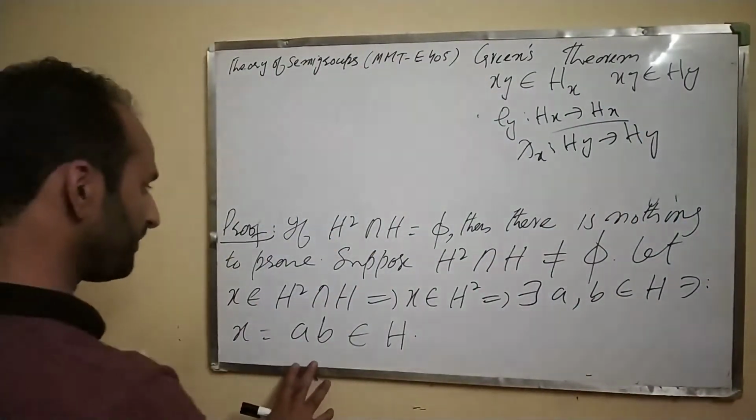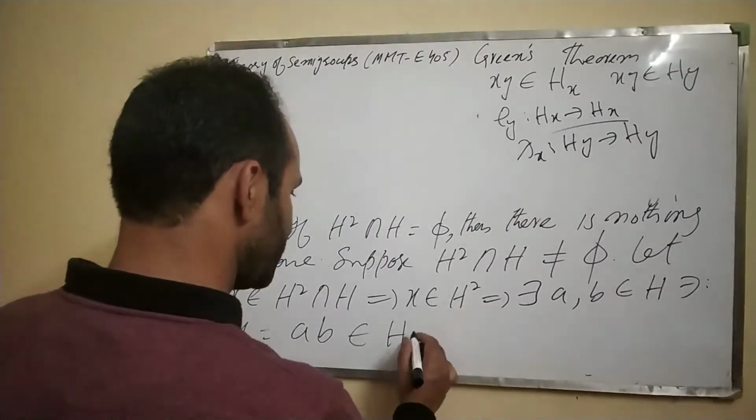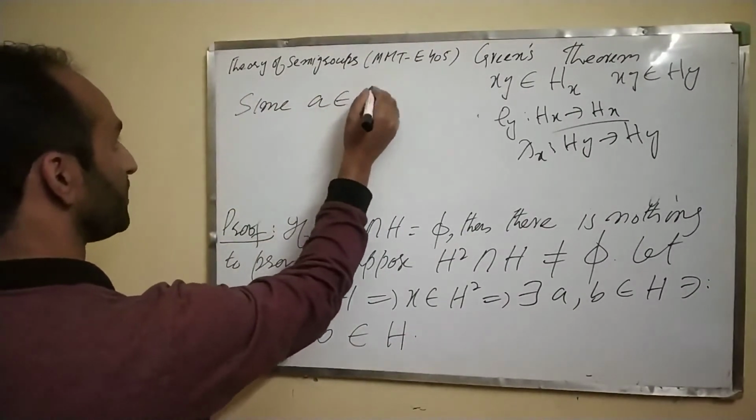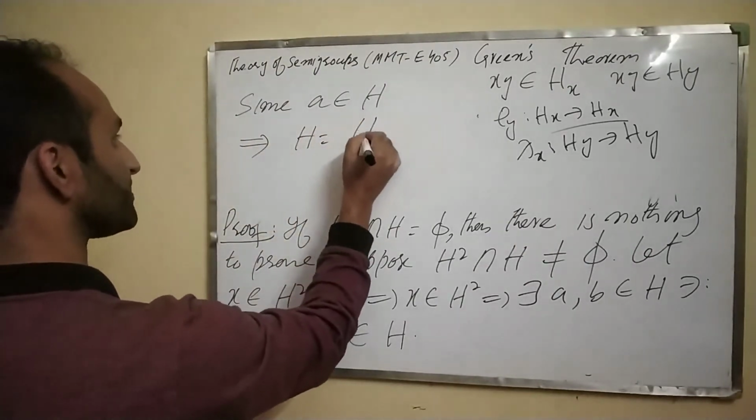Now look at here. Since A belongs to H, it implies that H is equal to H class of A actually.